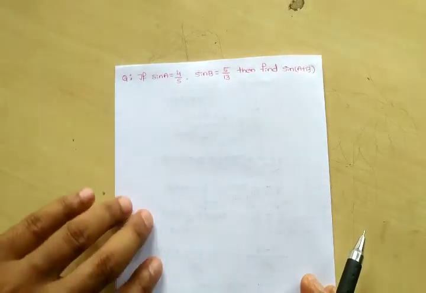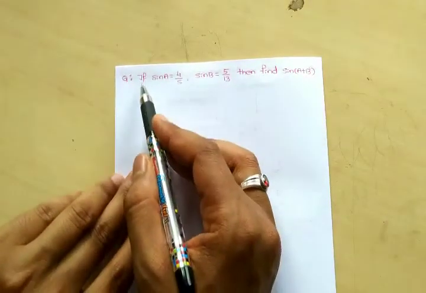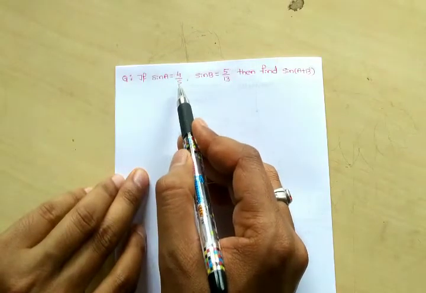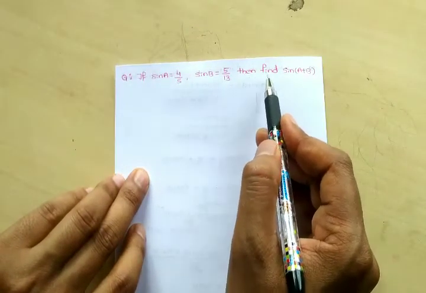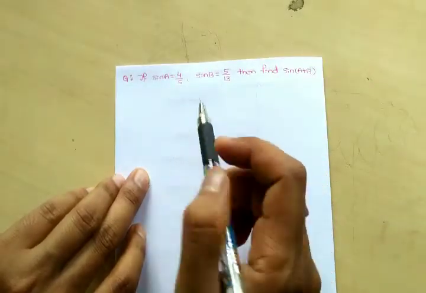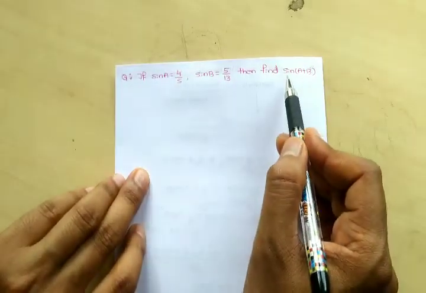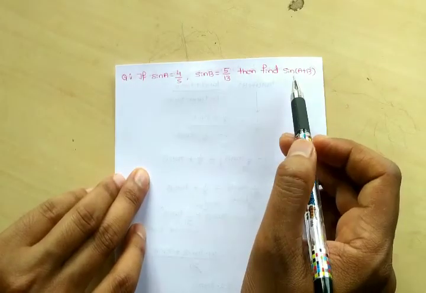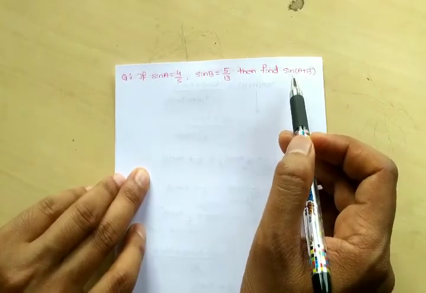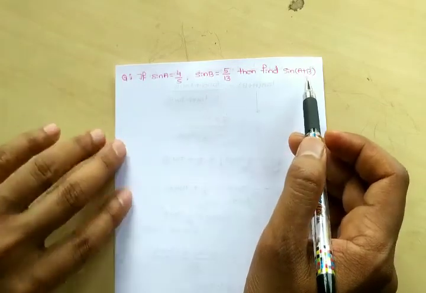So next question. See in this question, if sine a is equal to 4 by 5, sine b is equal to 5 by 13, then find sine a plus b. Correct. Two values are given. You need to find out which value? Sine a plus b. So first, to find out sine a plus b, you have to know the formula. Correct?